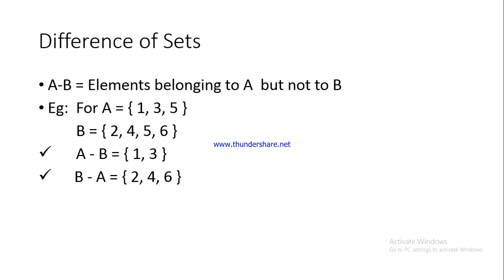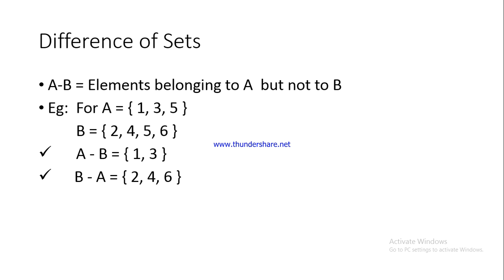Now let us find out the value of B minus A. Now what will be B minus A? B minus A should have those elements of B which don't belong to A, which are not also found in A. Now you have a look at B. B has got 2, 4, 5 and 6.